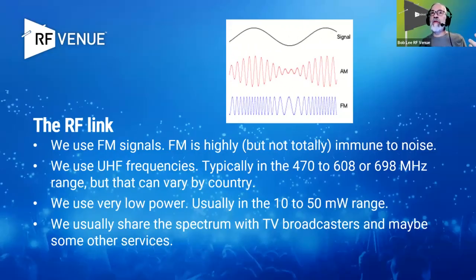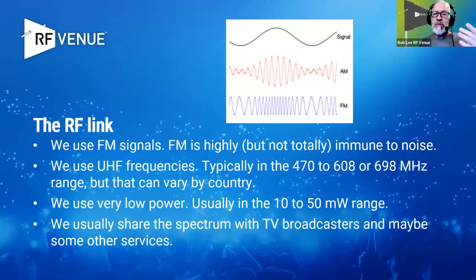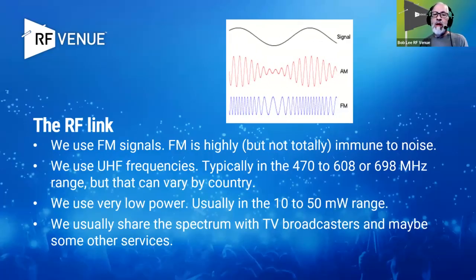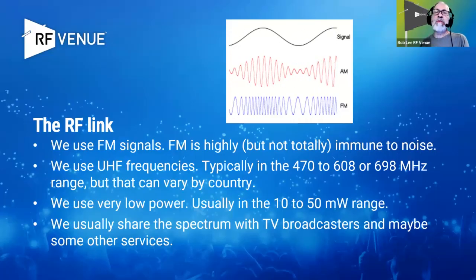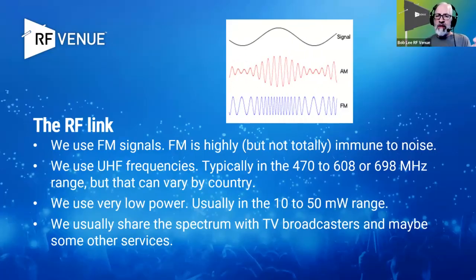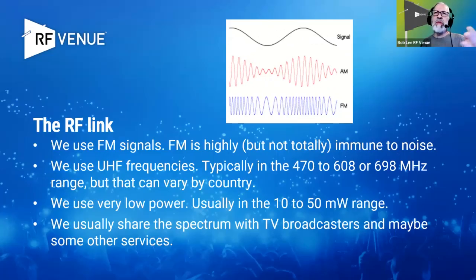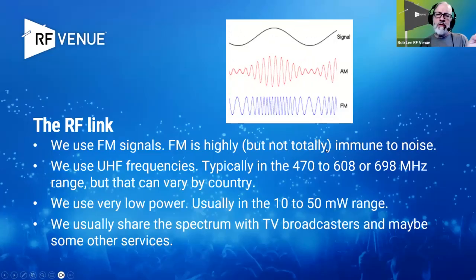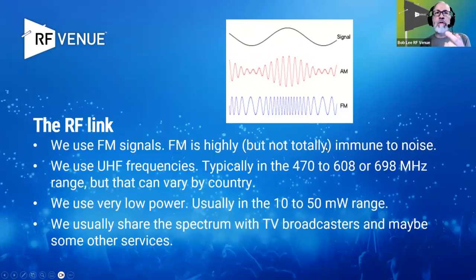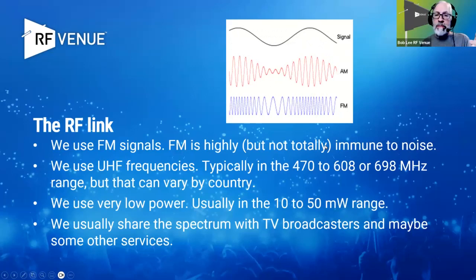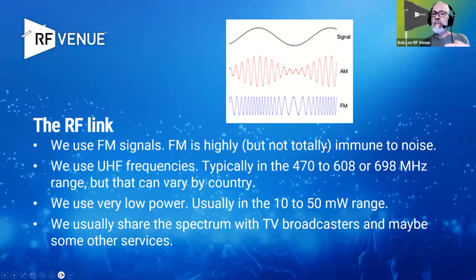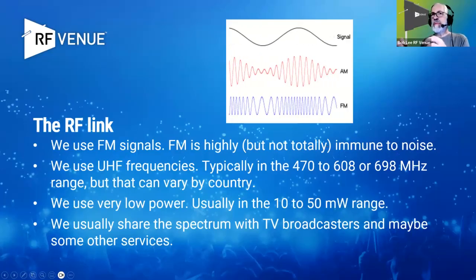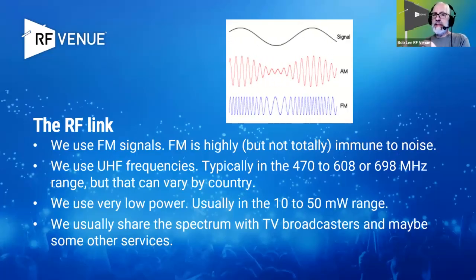Second, we're using UHF frequencies, typically in the 470 to 608 megahertz range for North America, and 470 to 698 megahertz for much of Europe and a lot of other places in the world. There are some other frequency ranges that vary from country to country. The third thing to know is we use very low power, usually in the 10 to 50 milliwatt range. Think of how little 1 watt of power actually is.